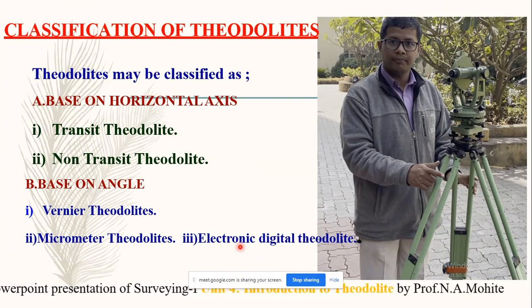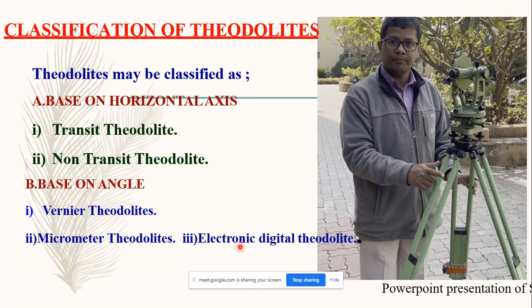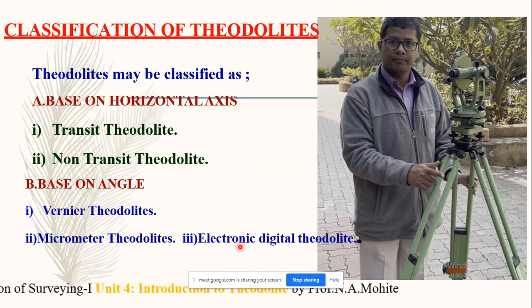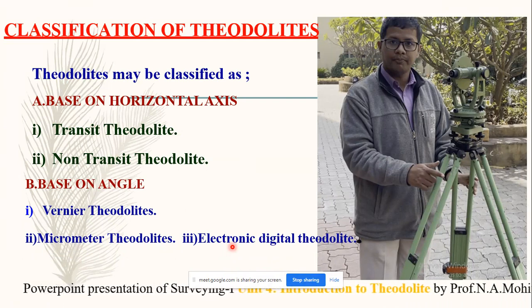You are not required to take the reading of the main scale and vernier scale and note it down. When you bisect the first ranging rod and the second ranging rod, you directly get the reading with greater accuracy. So this is the classification of theodolites.